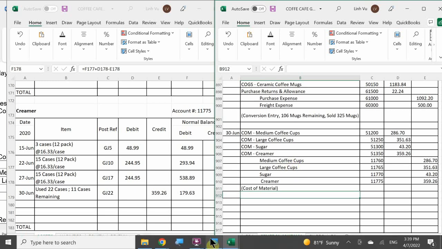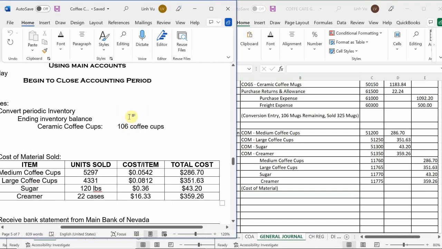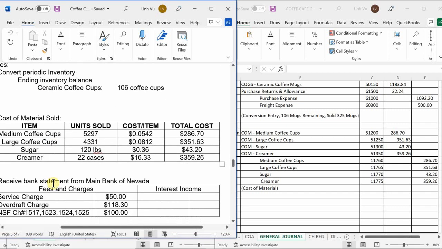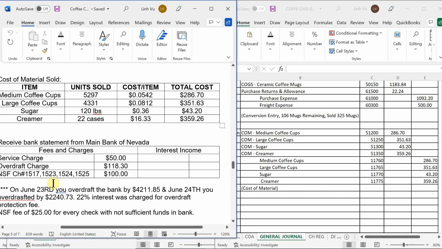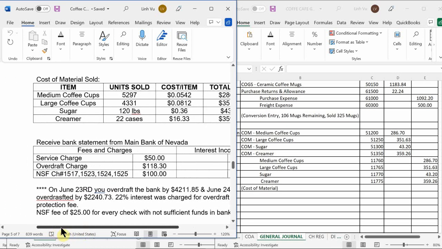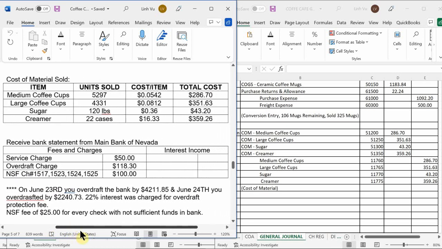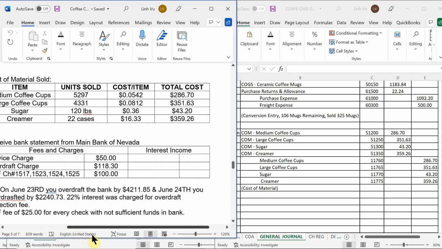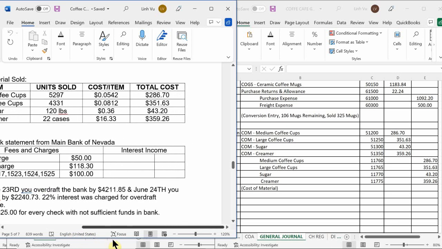Okay. So we adjusted our inventory, we adjusted our materials. Let's do one more and then we'll call it a day. So here, you received your bank statement from Maine Bank of Nevada.